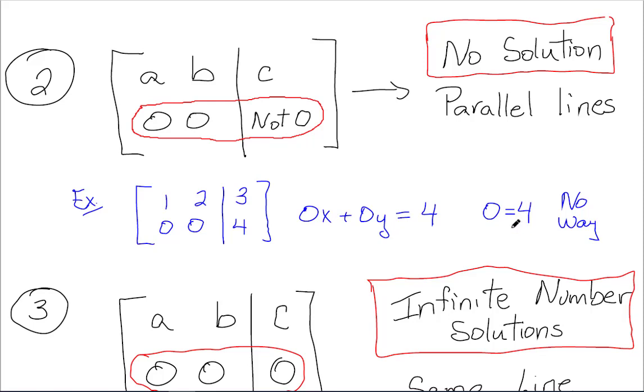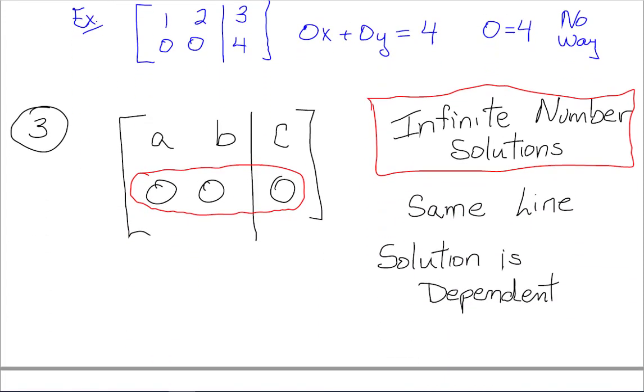So what's going on? Well, what's going on is this particular system of equations are really two parallel lines. Therefore, they never cross and there's no solution. So if we get a row of all zeros and something on the right is not 0, that means we have no solution.